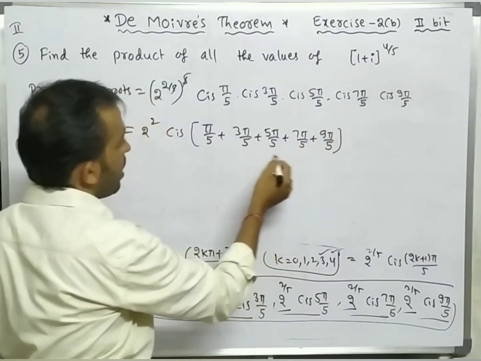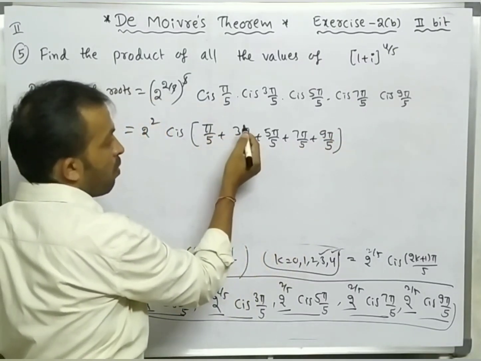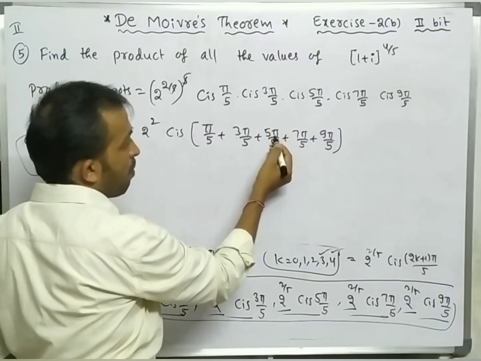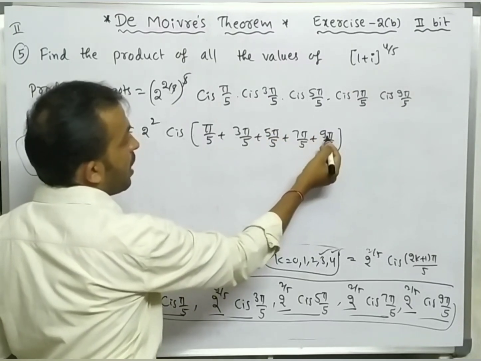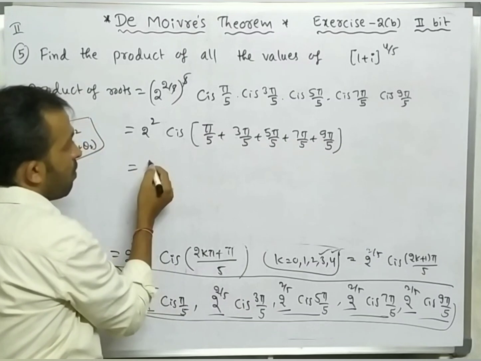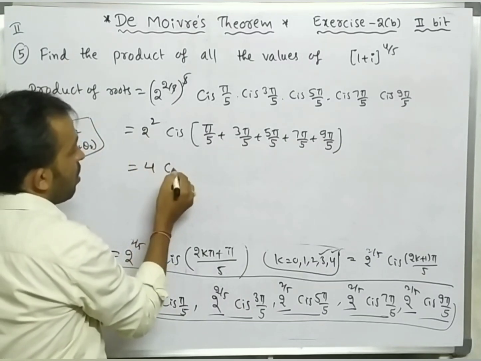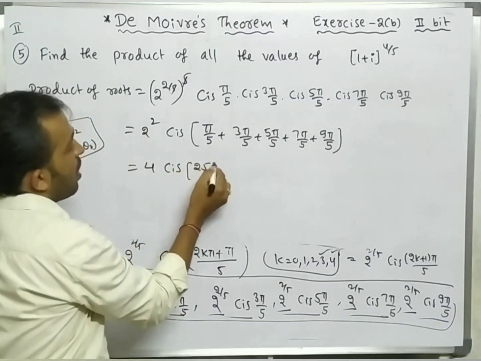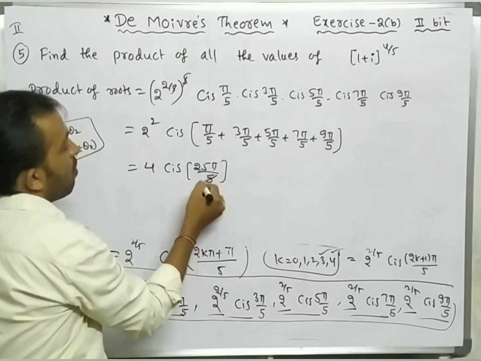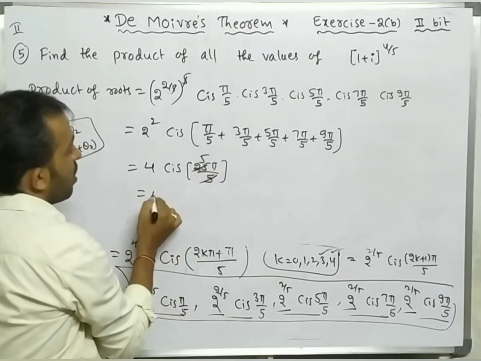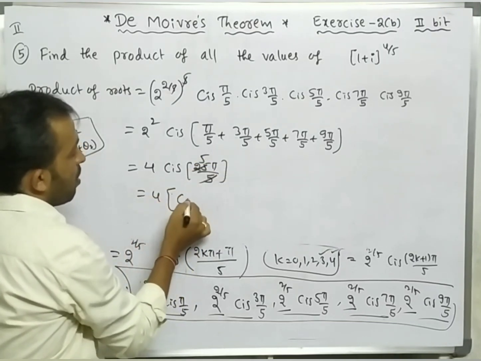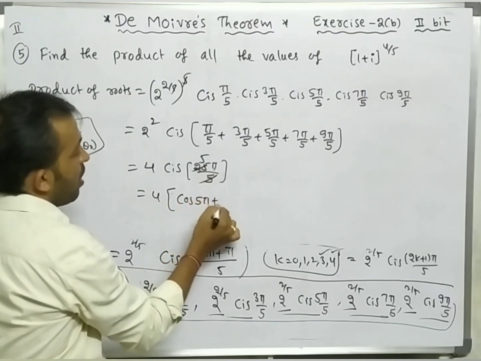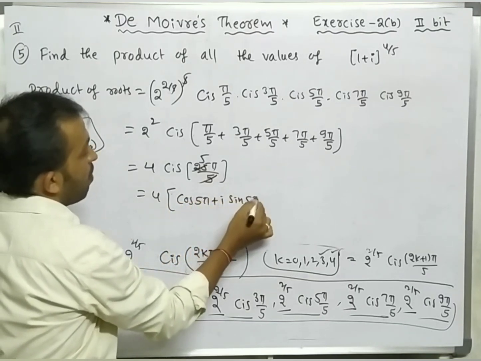So 5 is the LCM: pi plus 3 pi is 4 pi, plus 5 pi is 9 pi, plus 9 pi is 18 pi, plus 7 pi is 25 pi. 2 squared is 4, cis of 25 pi by 5, which is 5 pi. So 4 cis 5 pi means cos 5 pi plus i sin 5 pi.